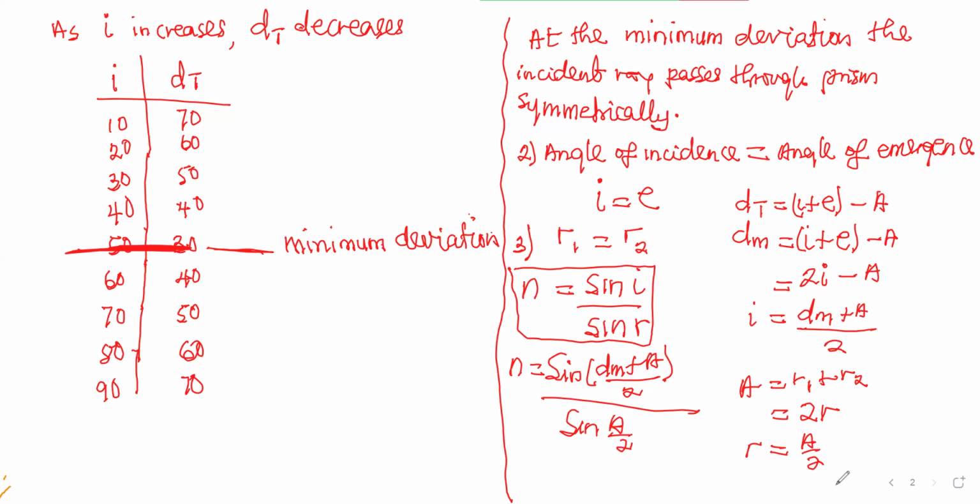Last thing. When you plot a graph of the total deviation against the angle of incidence, it gives us a graph which you must know.